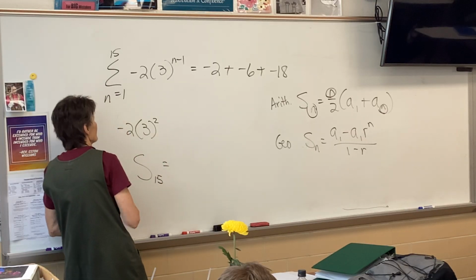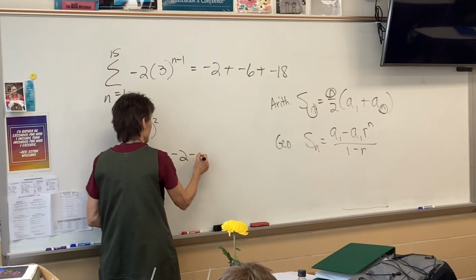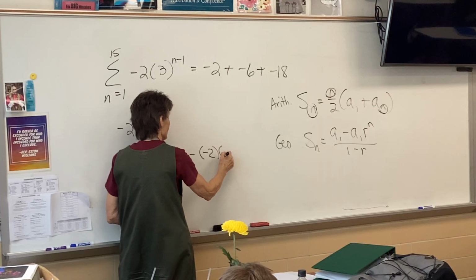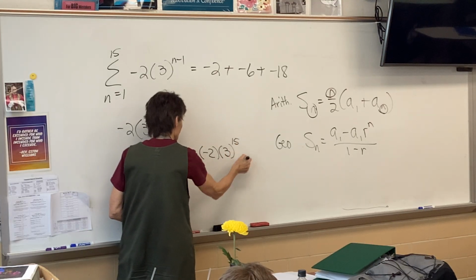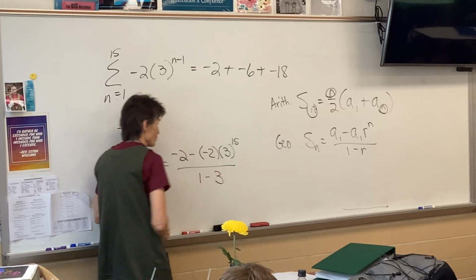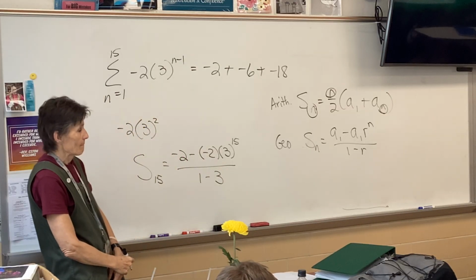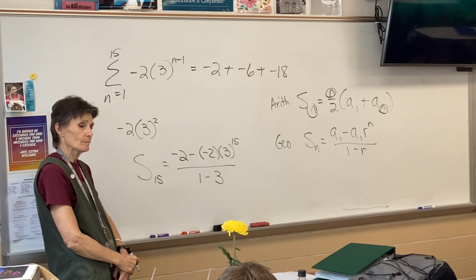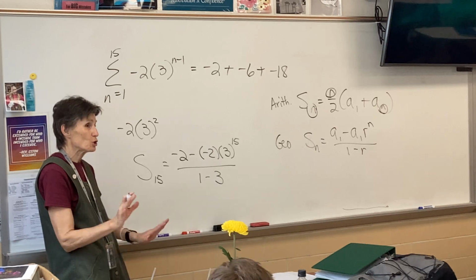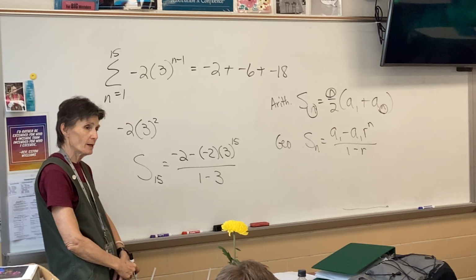Formula says first term minus first term times ratio to the 15th over 1 minus the ratio. That okay? Little suggestion, don't have to do it.